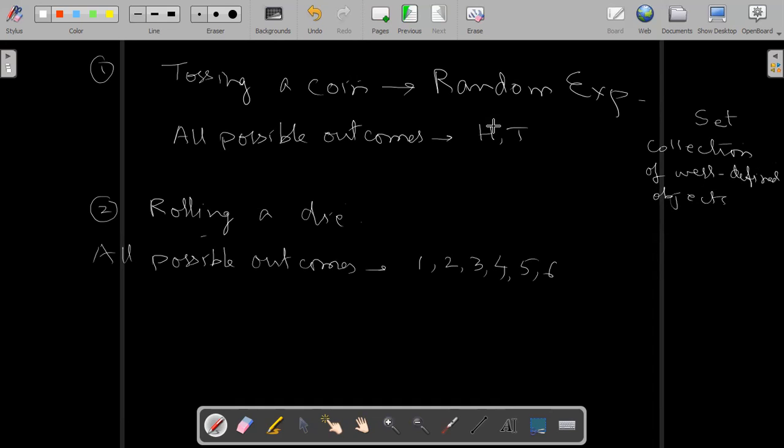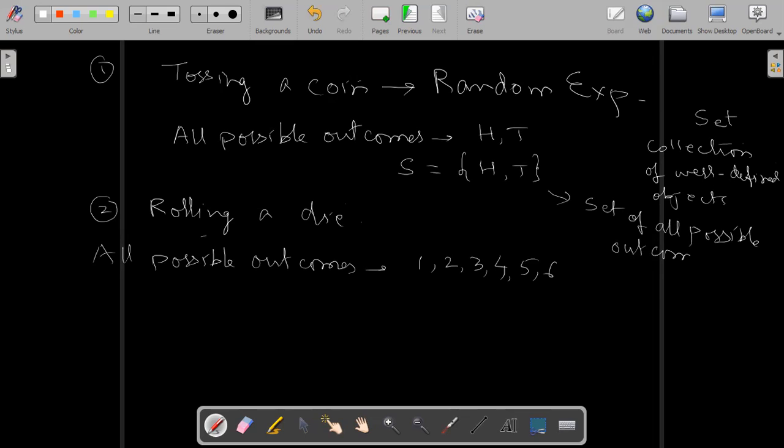Here, this is the set of head and tail. We write it using curly brackets, with the possible outcomes inside the brackets, and it is denoted by S. This is the set of all possible outcomes of an experiment.